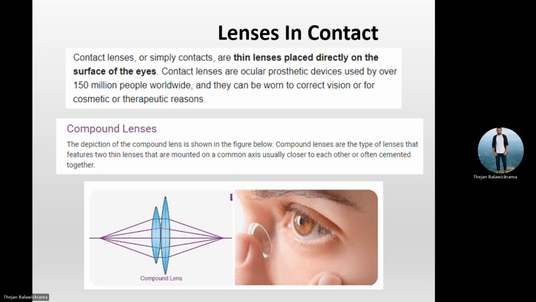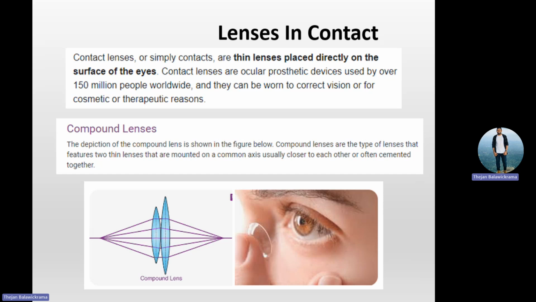Contact lenses, or simply contacts, are thin lenses that are placed directly on the surface of the eye.